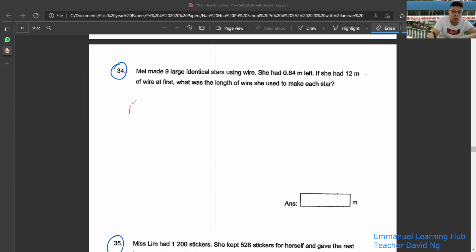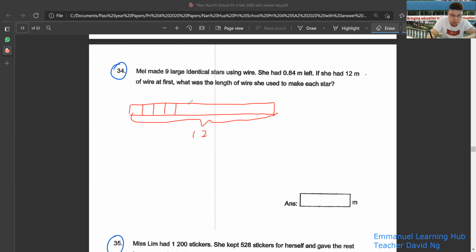You see, I draw the model. This whole thing is 12 meters. She had 12 meters of wire at first. She made 9 identical stars, and she was left with 0.84 meter.